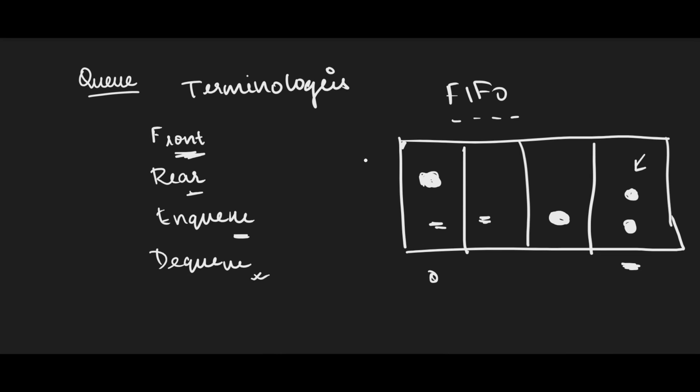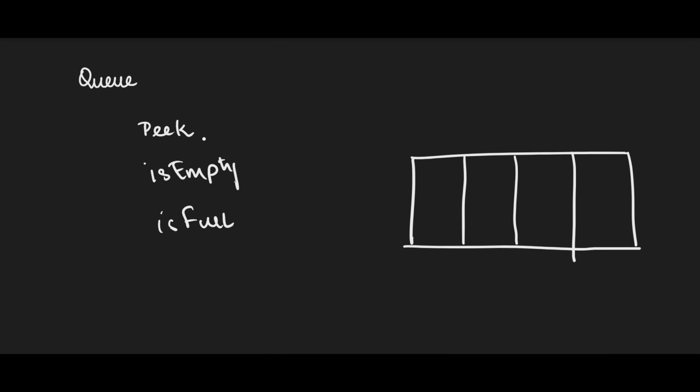of the queue. When we use peek function in a queue, what it does is it returns the first value of the queue, that is the value in the front of the queue, without removing it. We just use it to look at the first value.